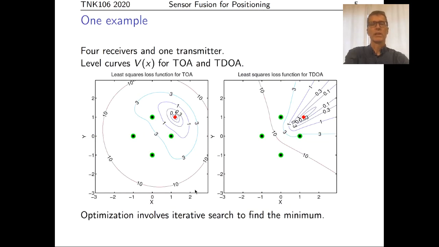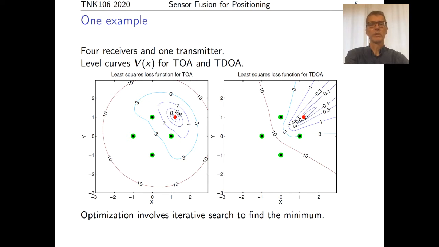We can look at one example here, how the loss function looks in a sensor network. So we have 4 receivers here, the black and green dots. We have an unknown object located here. First, we assume that we measure the range between each receiver and the transmitter here.